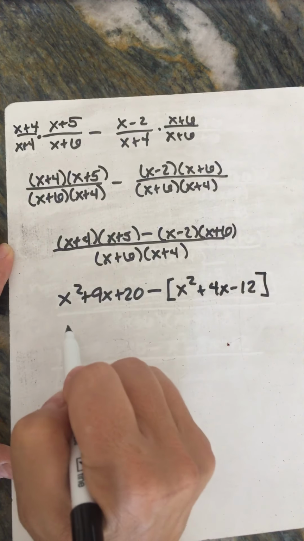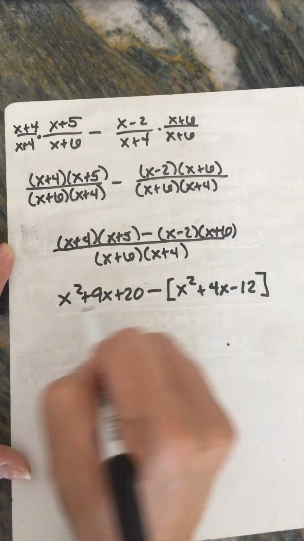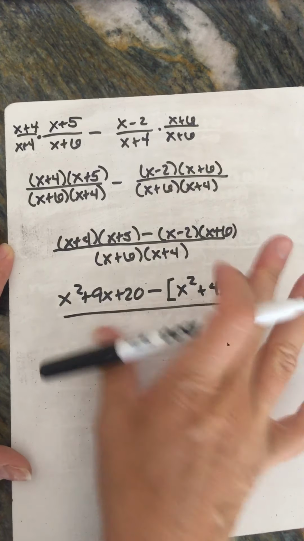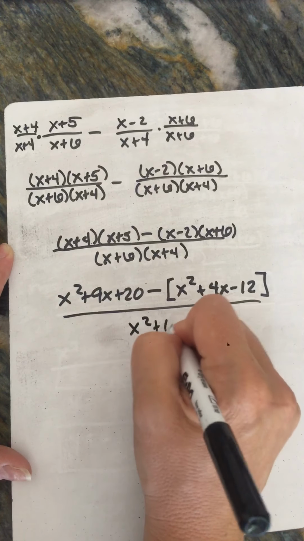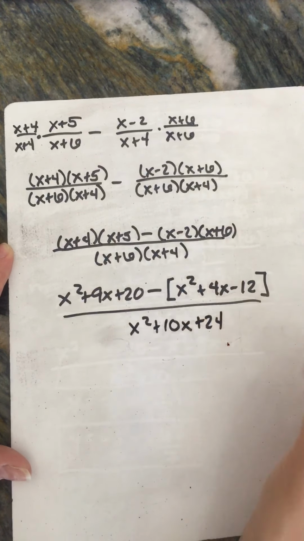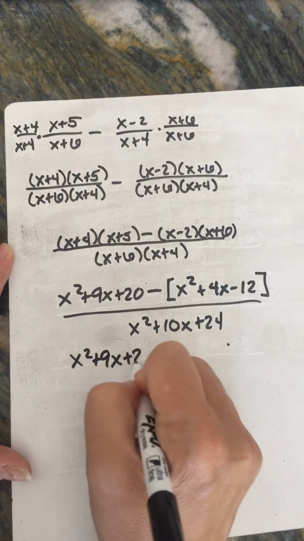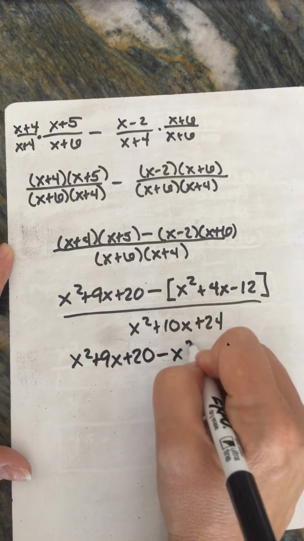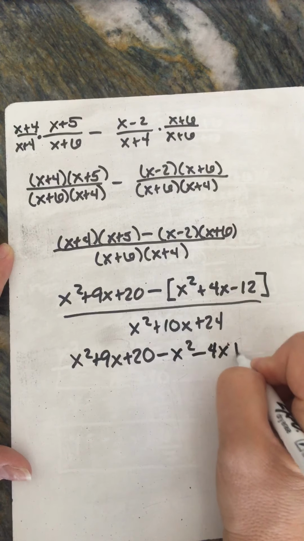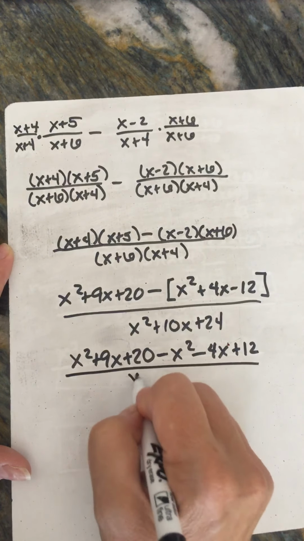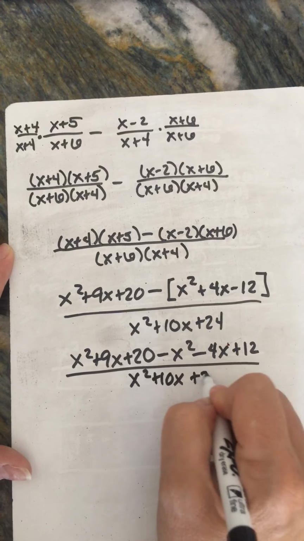Okay, and then we've got our denominator, actually I can multiply that out too. x squared plus 10x plus 24. Now we need to distribute this negative sign. So x squared plus 9x plus 20 minus x squared minus 4x plus 12 over x squared plus 10x plus 24.